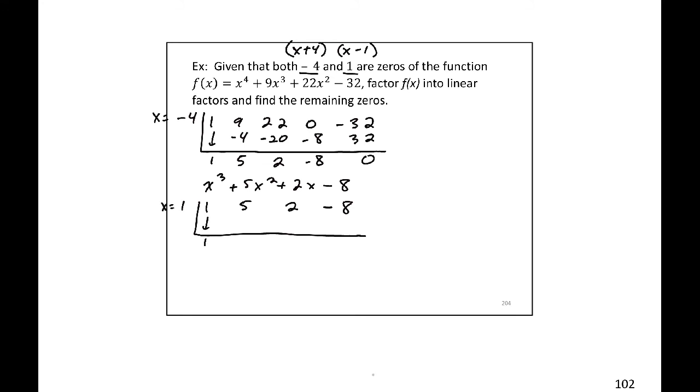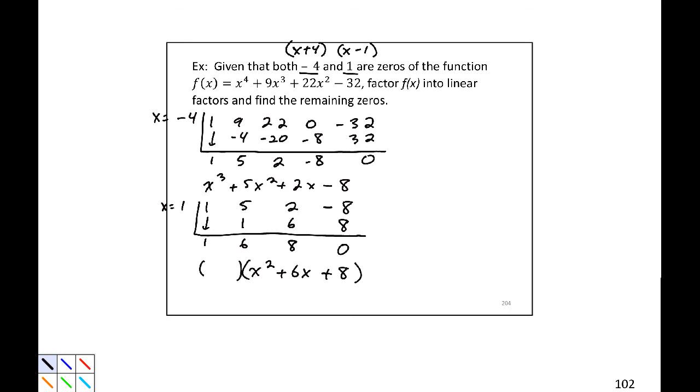Bring down the 1, multiplying 1 times 1 is 1, 5 plus 1 is 6, 1 times 6 is 6, 2 plus 6 is 8, 1 times 8 is 8. Negative 8 plus 8 is 0. So this will be x squared plus 6x plus 8.